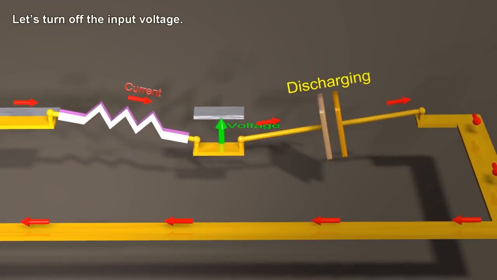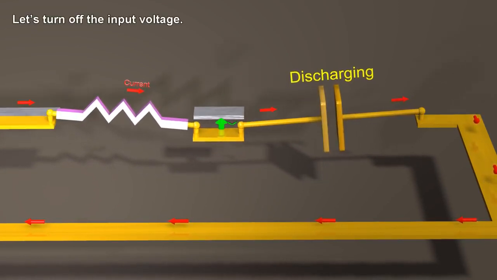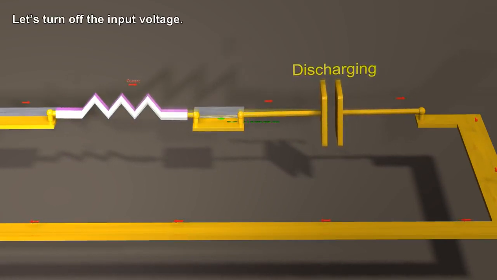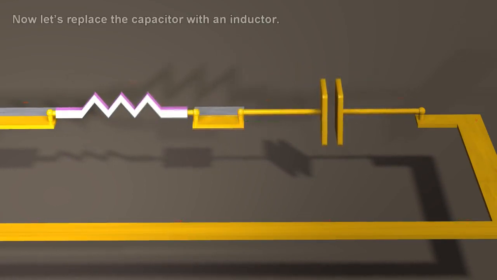Let's turn off the input voltage. Now let's replace the capacitor with an inductor.